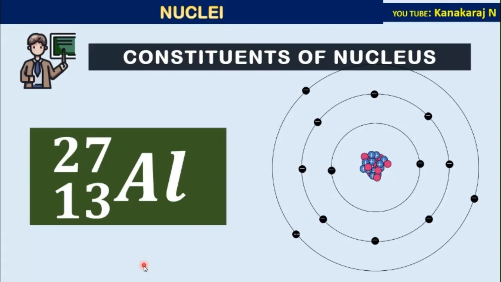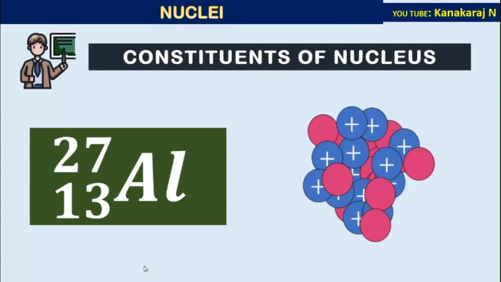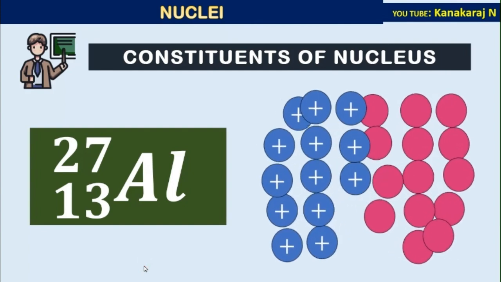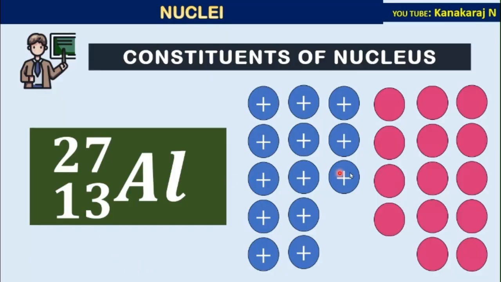Now let us focus on the nucleus. This nucleus contains 13 protons and 14 neutrons. Let us split: 5 plus 5 plus 3, 13 protons, and 5 plus 5 plus 4, you have 14 neutrons. Good.